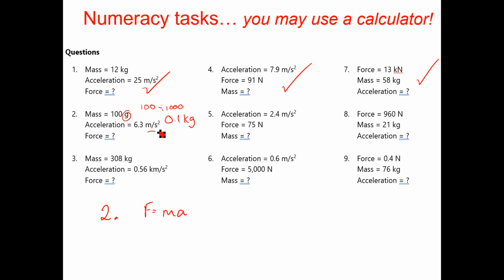The acceleration is fine, that's in the right units, so we simply plug these numbers into our equation: the mass of 0.1 multiplied by 6.3 gives us 0.63. What are the units? We're looking for the force, so we have 0.63 newtons. I made a mistake there, apologies.